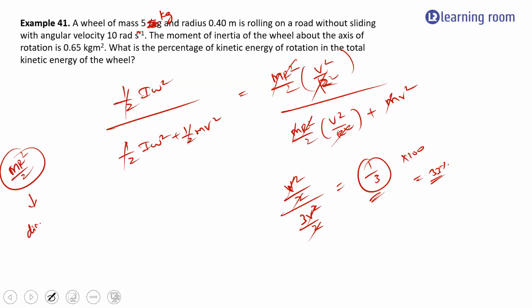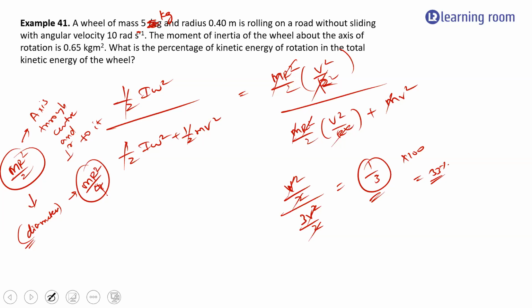I think it's about its diameter. Whenever you ask a question, you should ask me moment of inertia about which axis. By default, if you ask me, I will say only about the axis through the center. So if it's through the diameter, then it's mr square by 4, sir. Yes. Okay, sir.